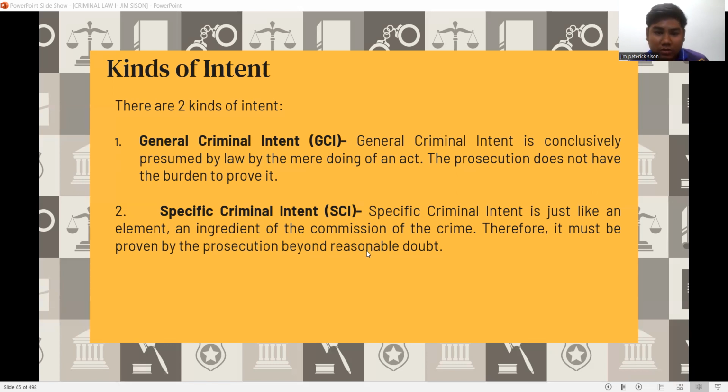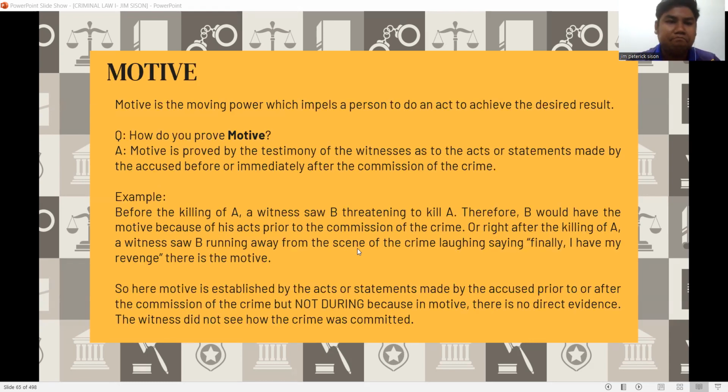So if the prosecution proves there is intent to kill, it is automatically attempted or frustrated homicide. But if they fail to prove intent to kill, physical injuries only.